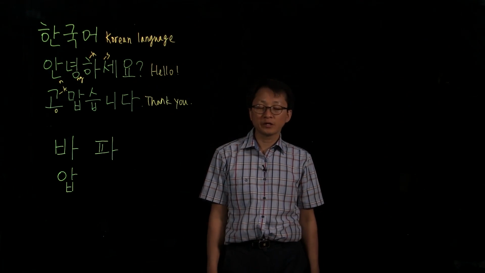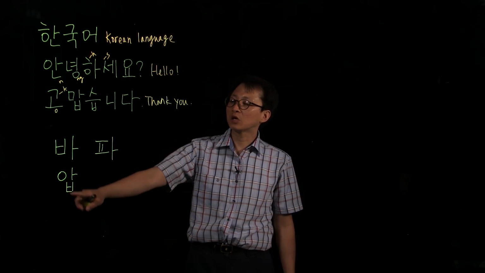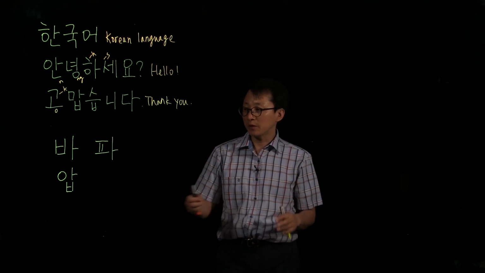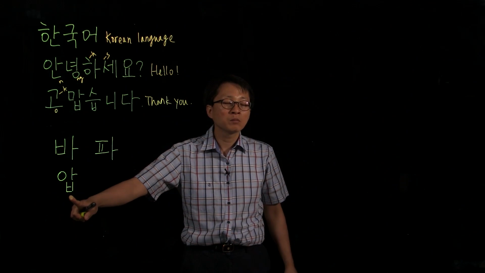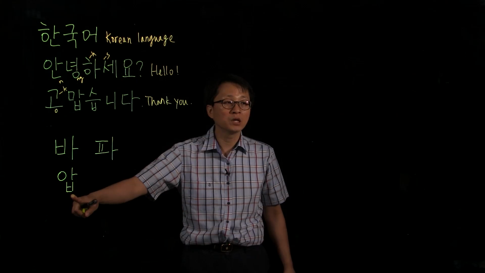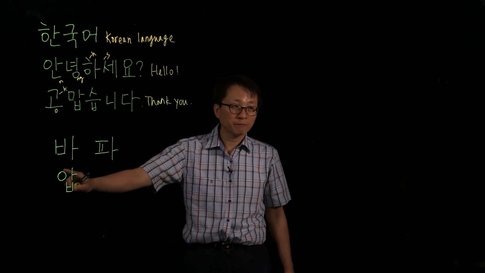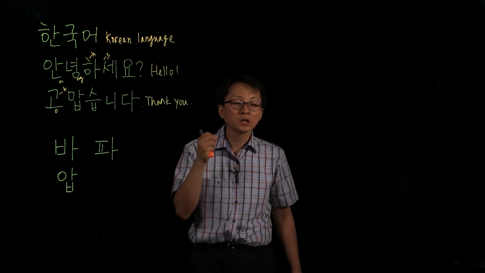One rule in Korean, when you pronounce a syllable final position consonant, you don't release the sound. What does that mean? I told you this can be pronounced sometimes like a p sound, sometimes like a b sound. But when it is used in a syllable final position, you don't release it. So not b, p.